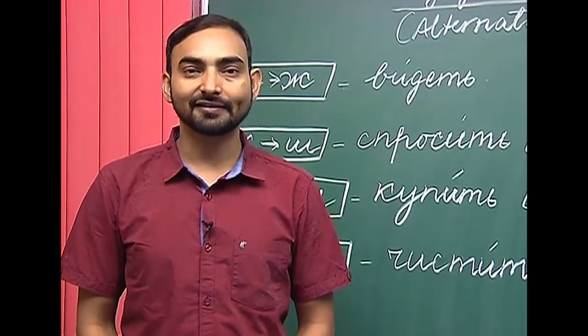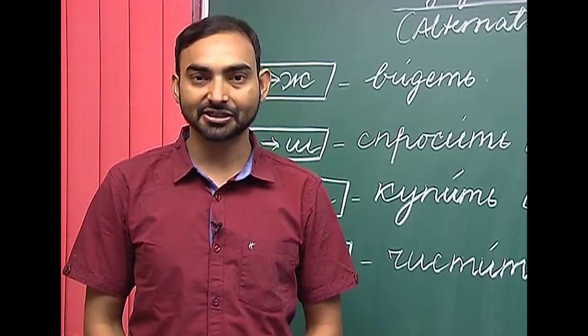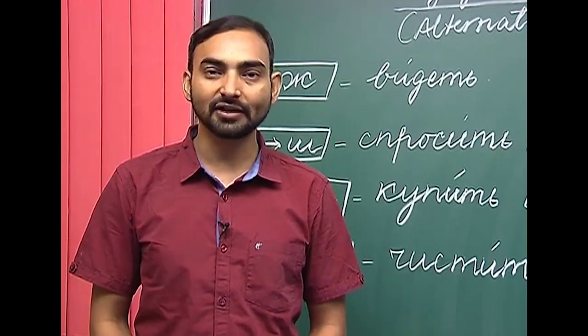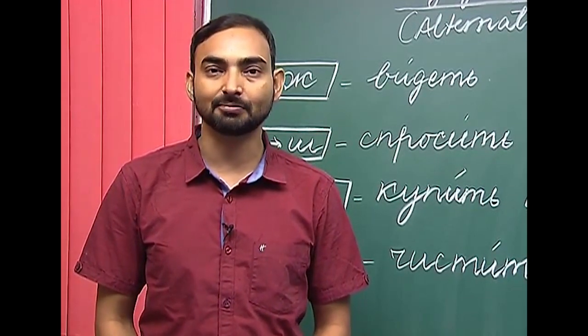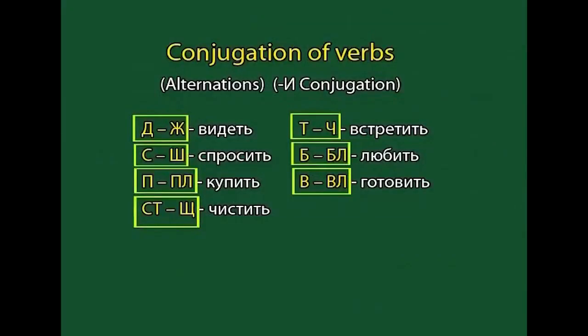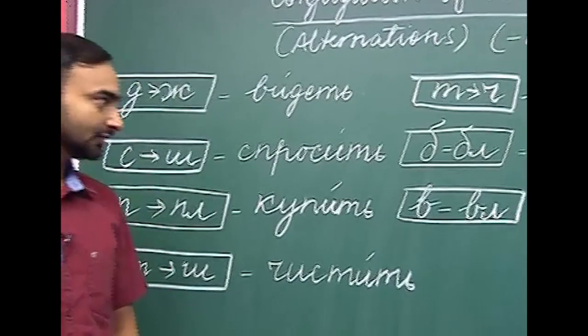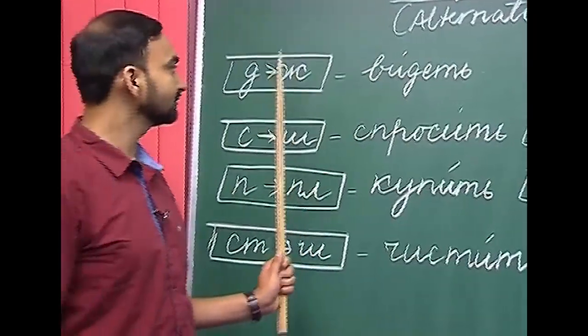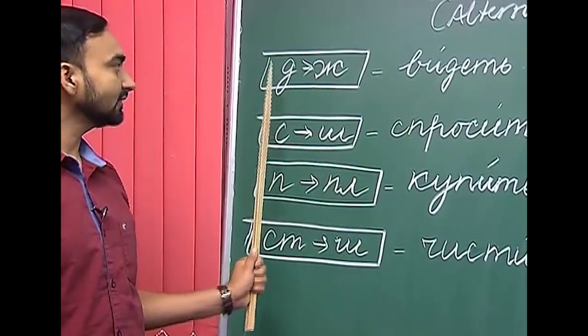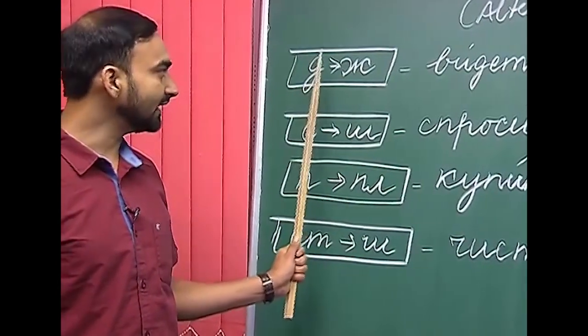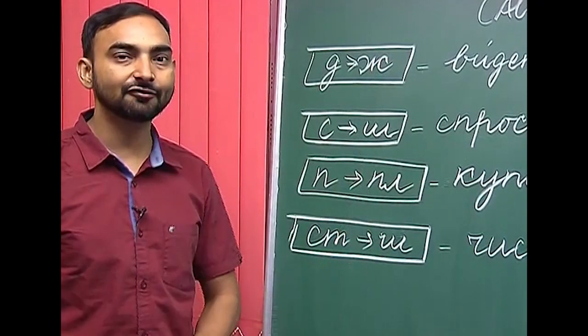Now, we will discuss the alternations which happen only with the first person singular, with ya. There are a few verbs which follow the e conjugation where the alternation happens only in the first person singular, ya. The first alternation happens when the consonant d changes to zh in the first person singular.